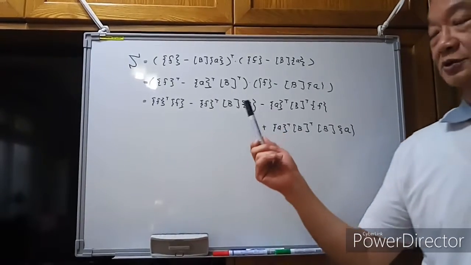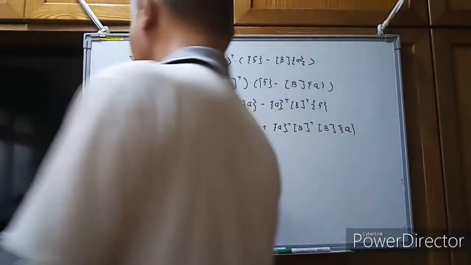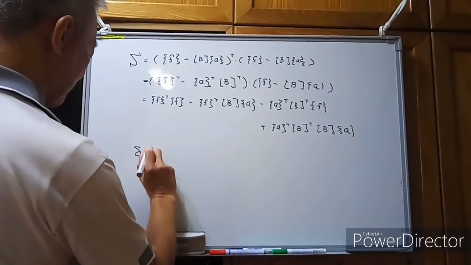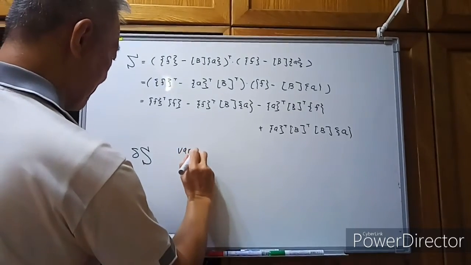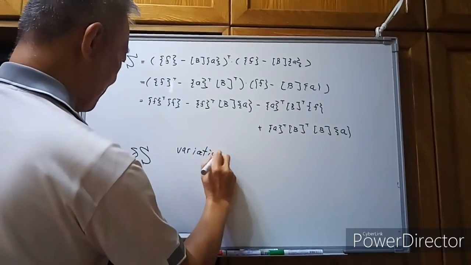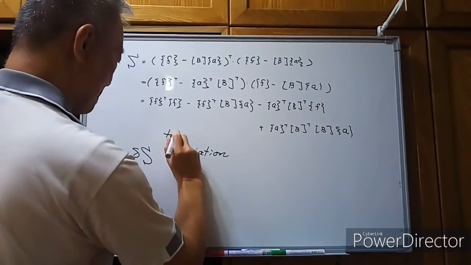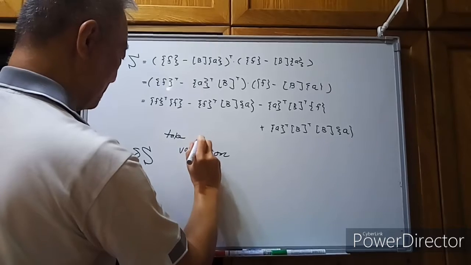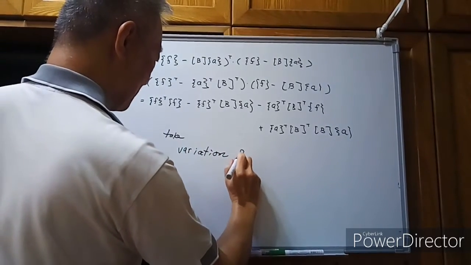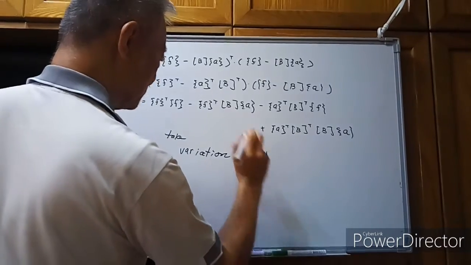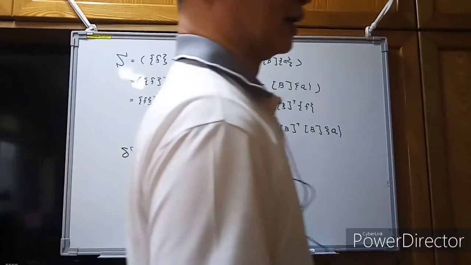We will use the variation method, and we will take variation for capital S.